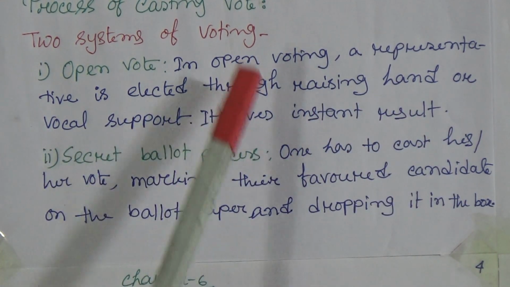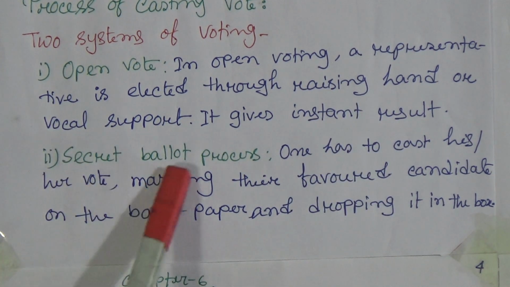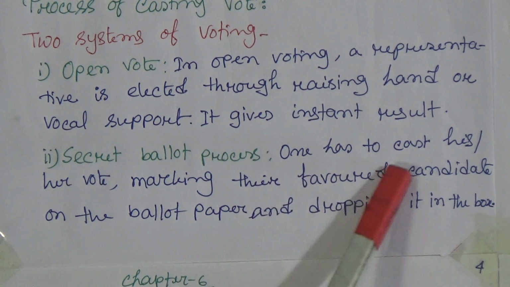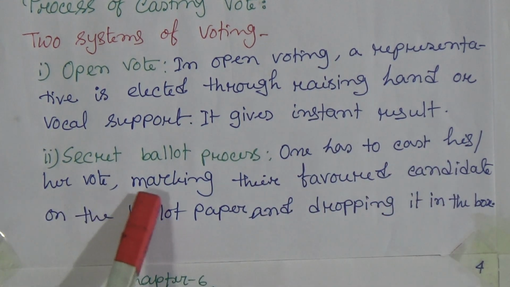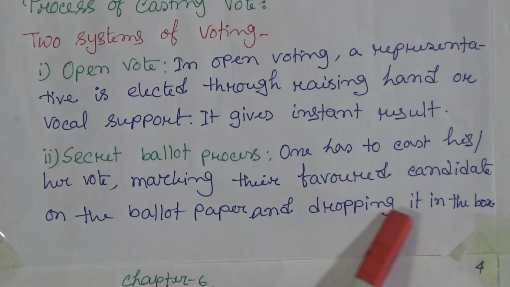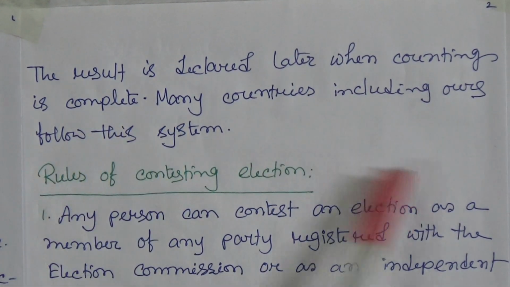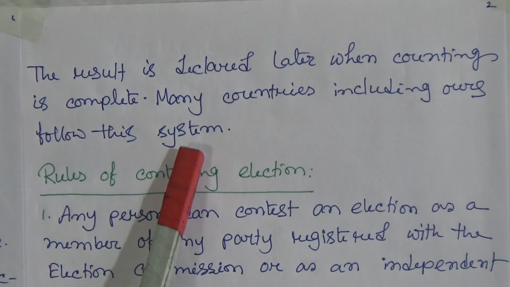It gives an instant result. Number 2, secret ballot process. One has to cast his or her vote by marking their favorite candidate on the ballot paper and dropping it in the box. The result is declared later when counting is complete. Many countries, including ours, follow this system.